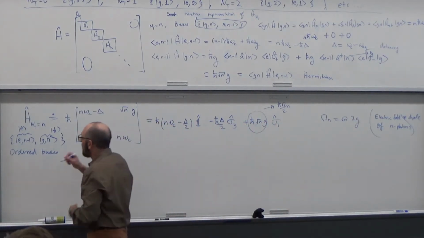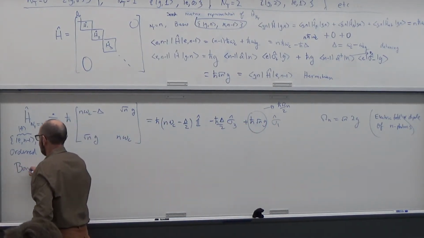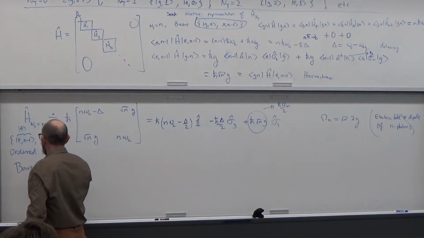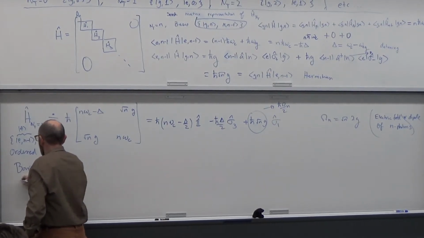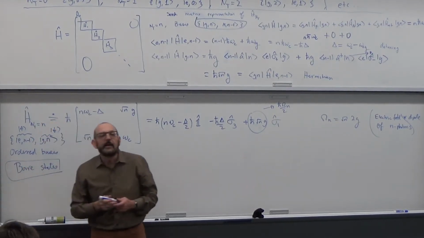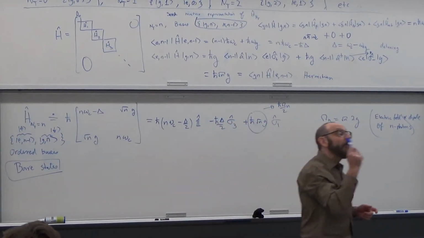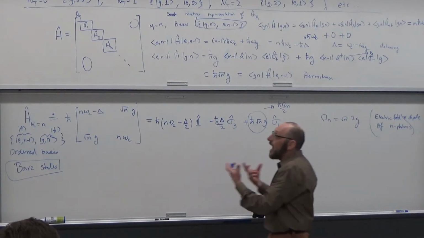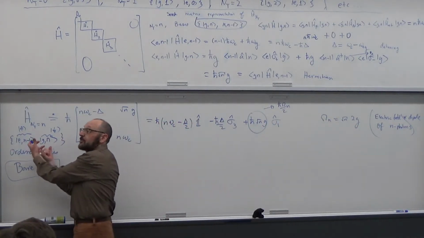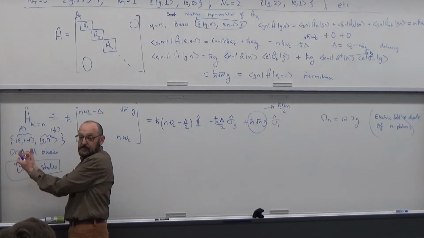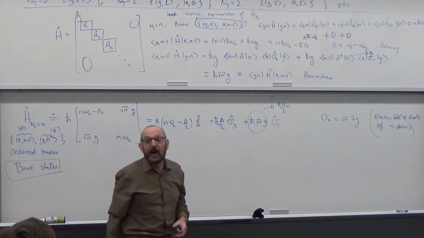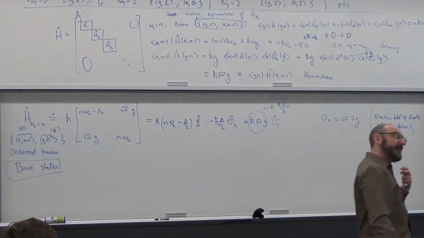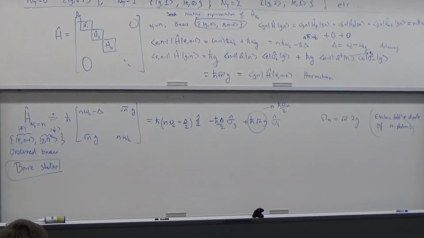These are what we call the bare states. These are the states of the atom and the field without any interaction. Without any interaction between the atom and the field, the states are product states, right? Then I turn on the interaction and I get new eigenstates.